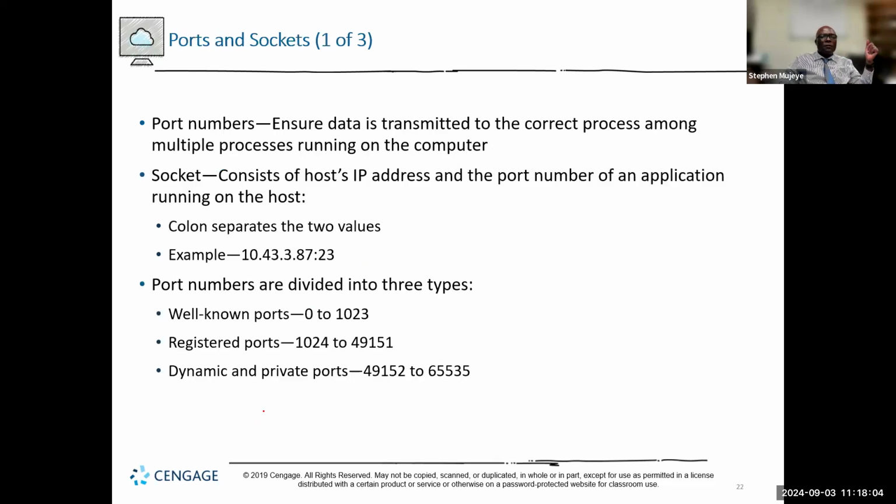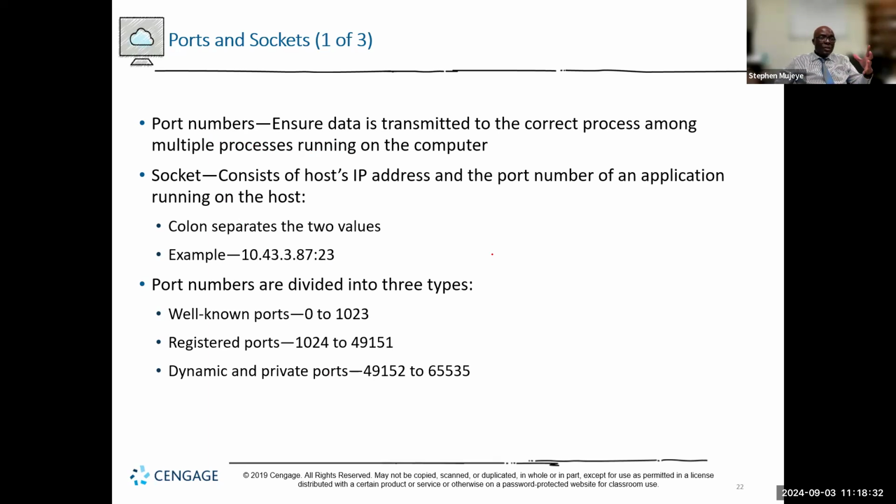All right, the next part that I'm going to cover is ports and sockets. There are port numbers which ensure data is transmitted to the correct process among multiple processes on the computer.